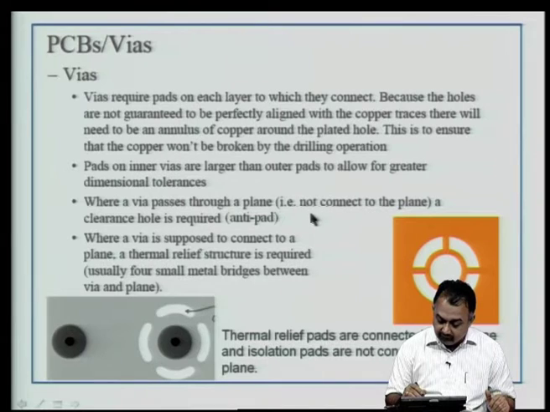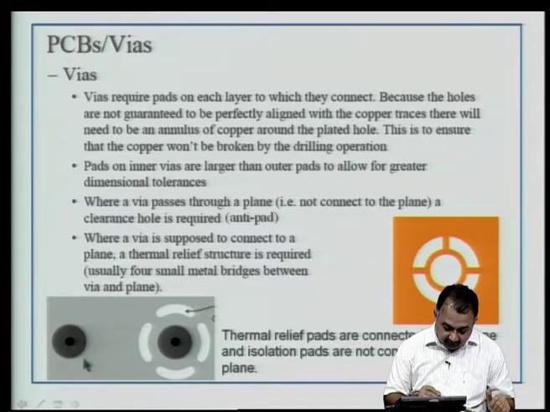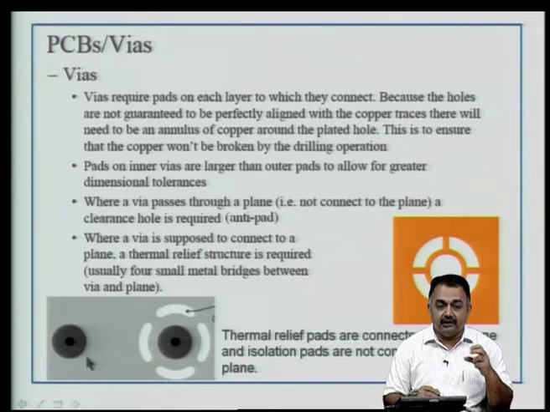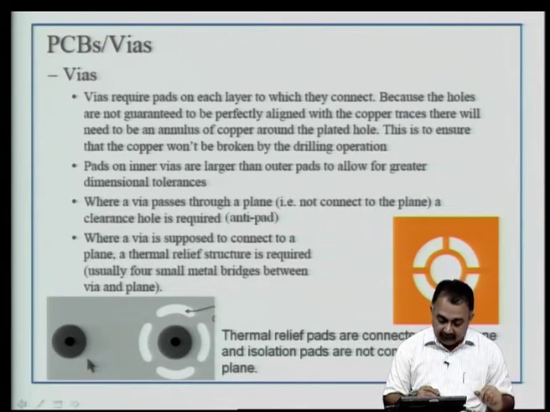That is, if by electrical design you are not intending to connect to the plane, then you provide an anti-pad. So, this is an anti-pad, what you see here in this figure. It will totally isolate that pad from the copper plane.